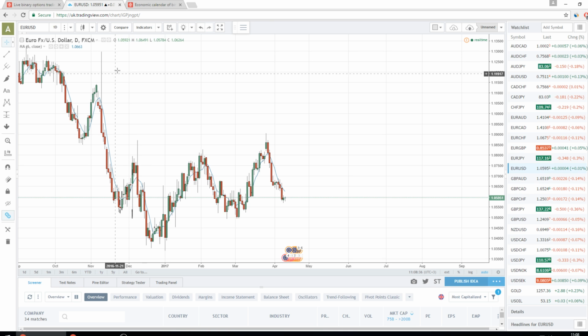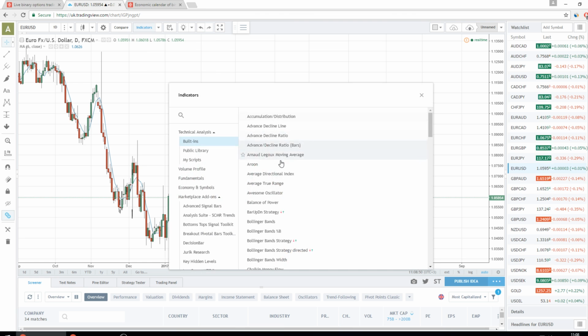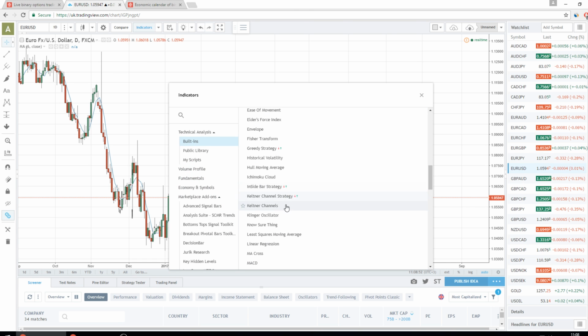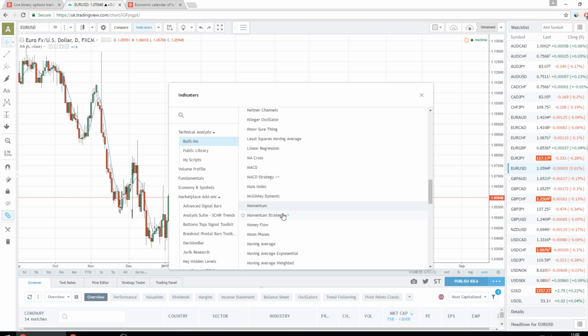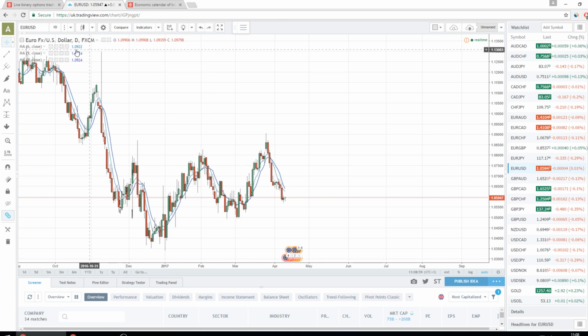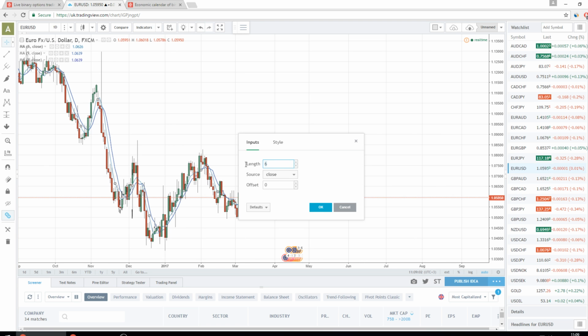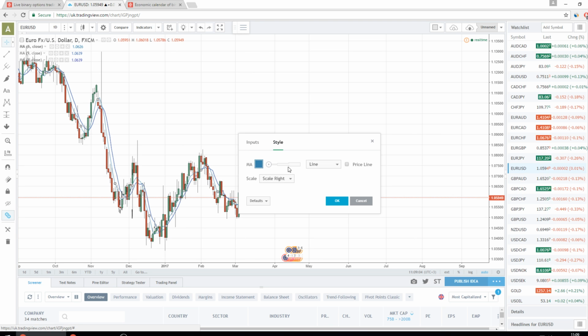Many traders use simple moving averages with different periods. Let's say I can add another moving average, and another one. Let's put 8 candles here and make it red.